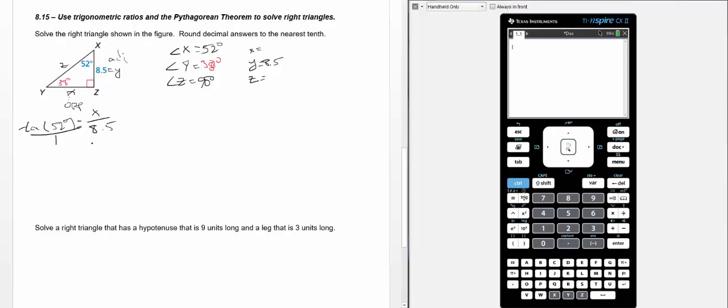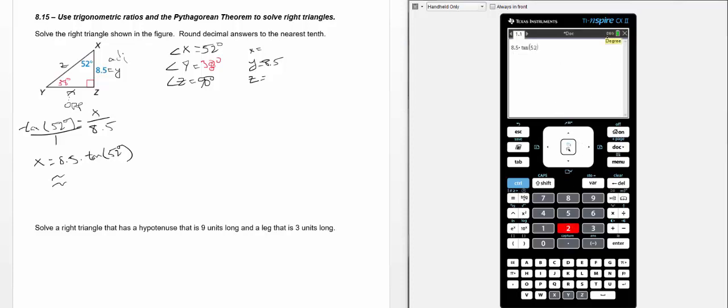I could cross multiply this to get x times 1 is equal to 8.5 times the tangent of 52 degrees. And I use my calculator to figure out what this value is to the nearest tenth. That would be 8.5 times tangent of 52 degrees.